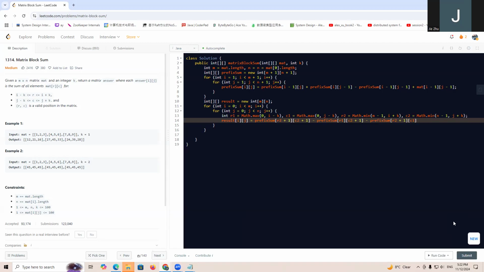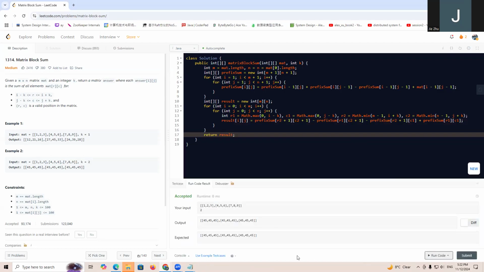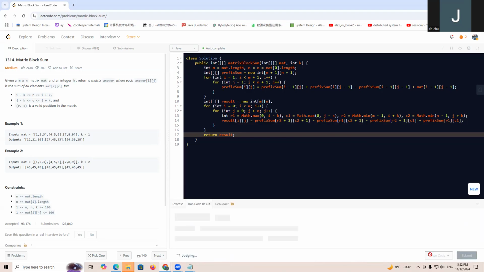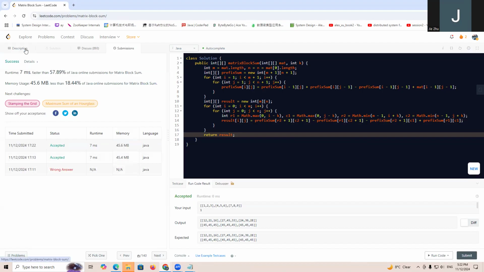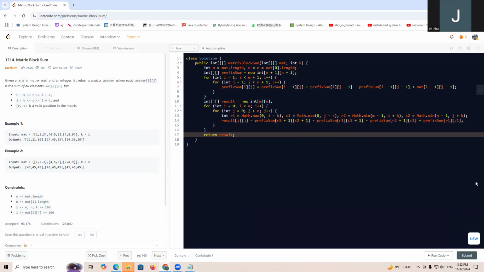And then we need to add back prefix sum R1 C1. So this will be our result, return result. It will be O(m times n) in time complexity and space complexity.